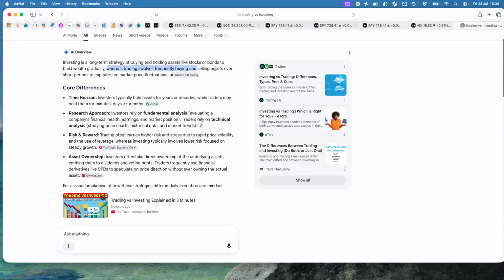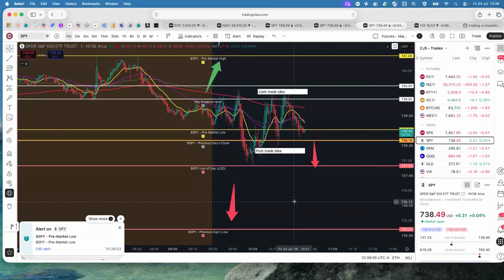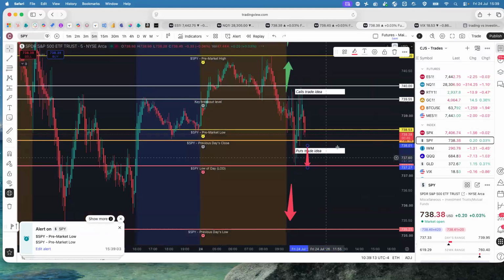Trading involves buying and selling assets over a short period to capitalize on market fluctuations. So we're looking for what I'm calling holes in the structure that we can get in where the direction we think it's going to go actually happens, and then we exit.